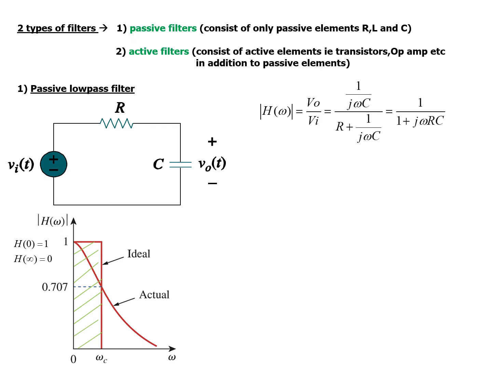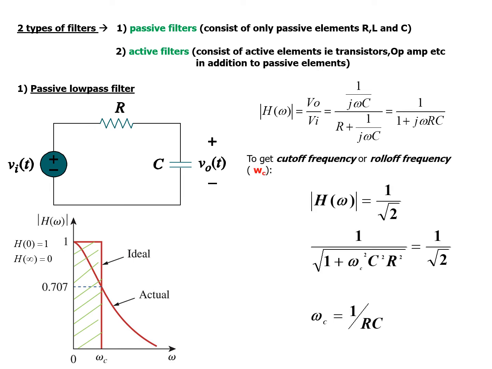We know that this area, which is less than omega C, is the ideal area in which the frequencies are allowed. To get the cutoff frequency or roll-off frequency omega C, it's simply 1 over RC, because we know that at 0.707 there is also 1 over square root of 2.